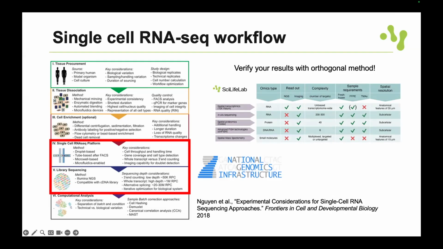For example, Visium spatial transcriptomics is offered as part of NGI, but we also have in situ sequencing, spatial proteomics methods, single molecule FISH, or spatial mass spectrometry, depending. Or maybe you found one favorite gene and you want to confirm it yourself in the lab. But it's important to validate the results you find with single cell RNA-seq.